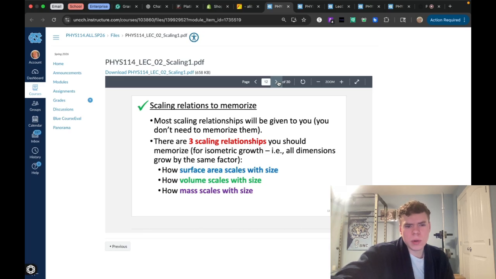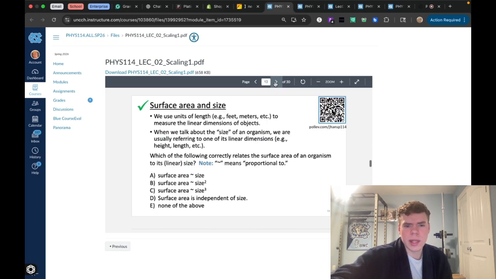Scaling relations to memorize. Most scaling relationships will be given to you. You don't need to memorize them. There are 3 scaling relationships you should memorize for isometric growth, where all dimensions grow by the same factor: how surface area scales with size, volume, and mass. So there will be formulas for that, I'm assuming.